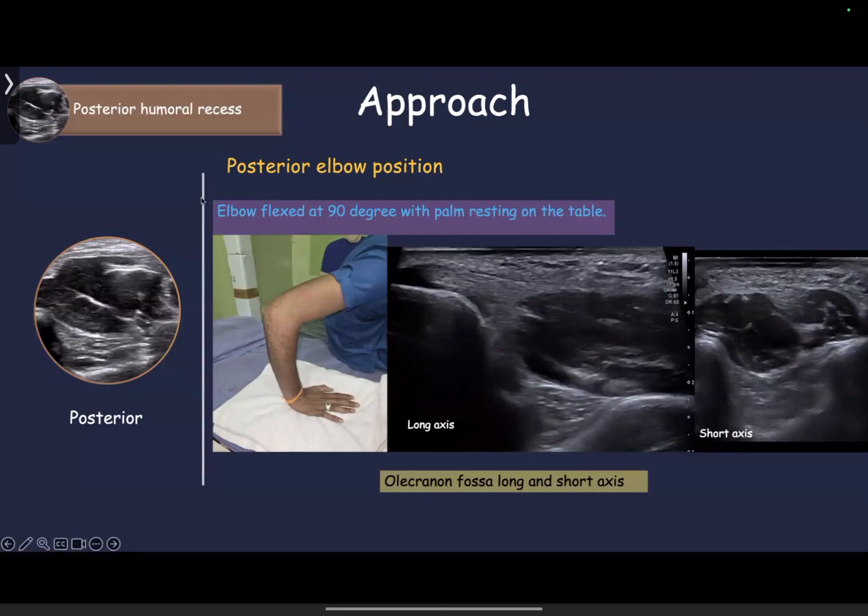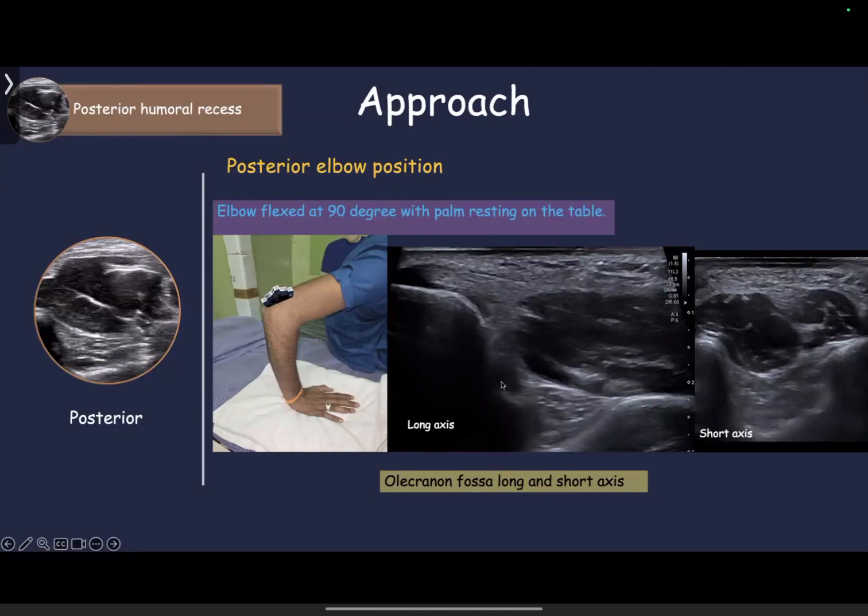To look for the posterior humeral recess, again the same position, elbow flexed at 90 degrees with the palm resting on the table. We'll put our probe in the long axis to evaluate this fat containing structure.